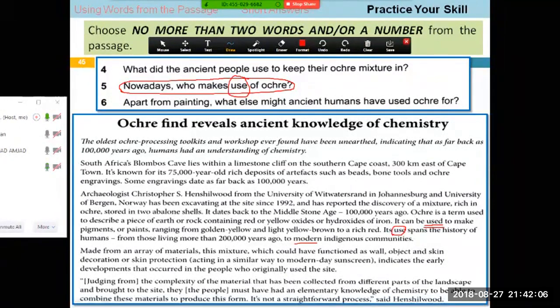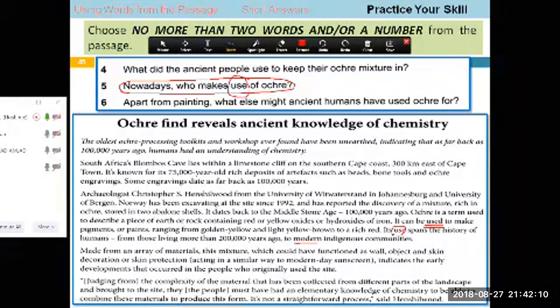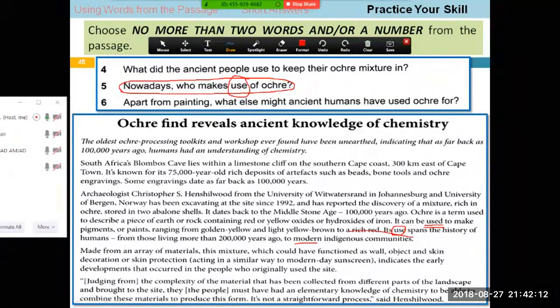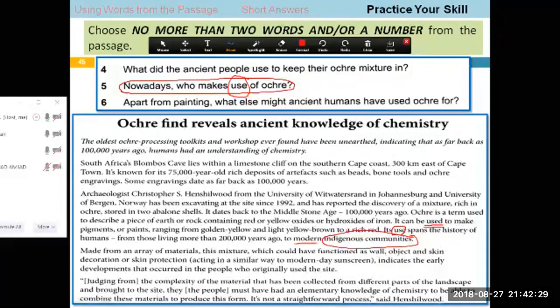Indigenous communities, right, Abdurrahman? Yes, sir. Well done, Amjad. Well done. I appreciate it. So now, you might not know the meaning of indigenous, right? Indigenous is something, it is used in many ways. Broadly speaking, you can say something which is developed or which is made locally.